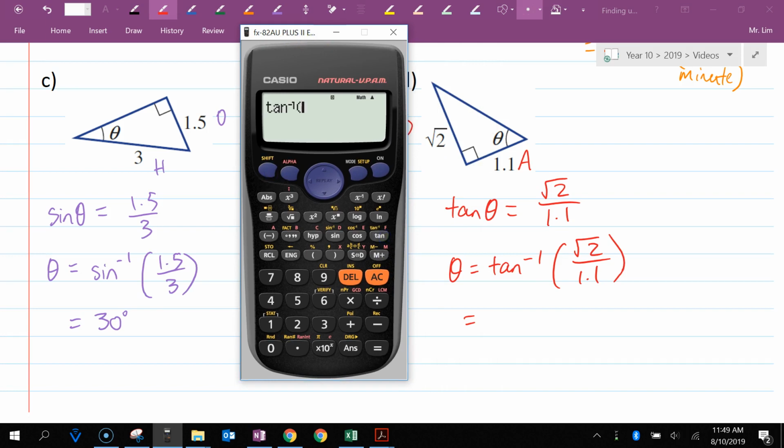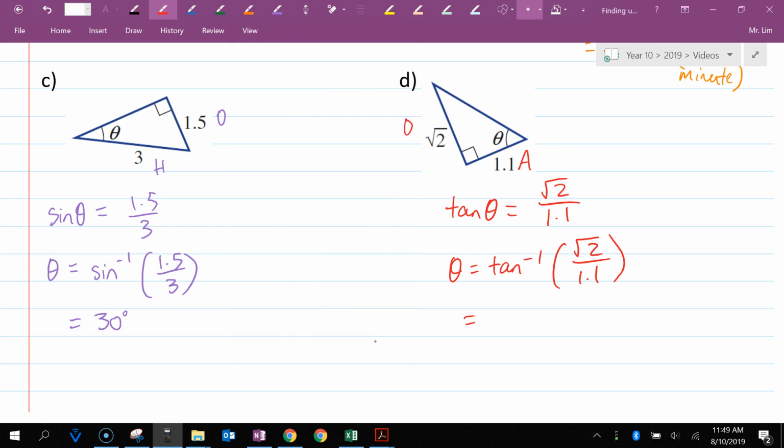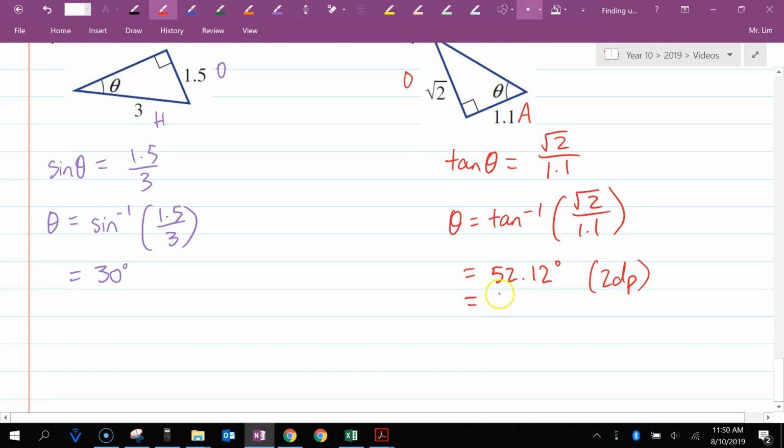The arctan of root 2 over 1.1 is 52.12 degrees. That's to 2 decimal places. If we want it to the nearest degree, we'll just say 52 degrees. That's the nearest degree.